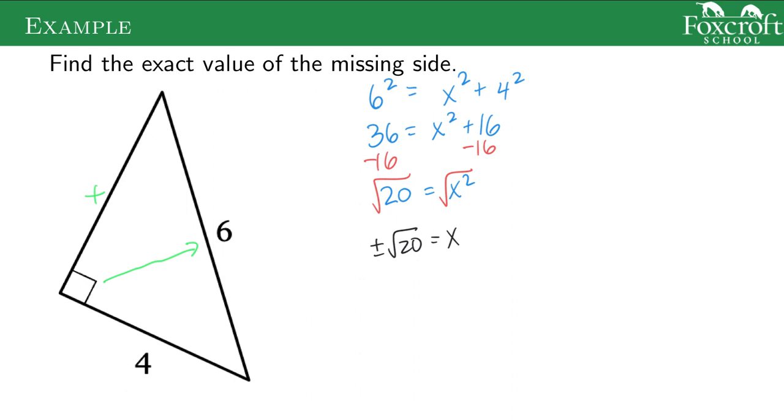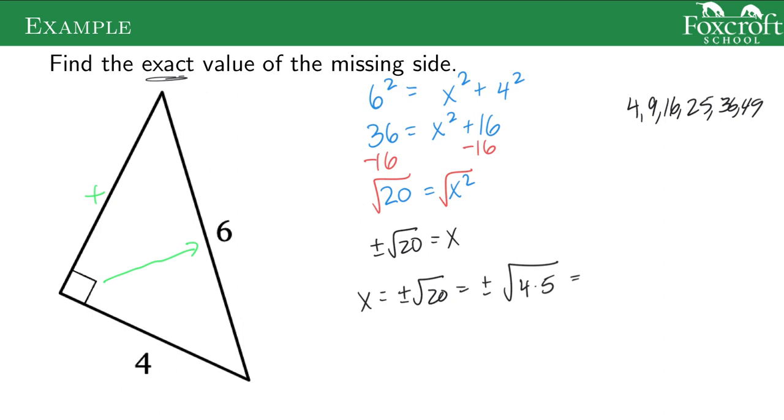The square root of 20 is not a nice number, because we want the exact value. We don't want to put it into a decimal because that would cause us to round and not get the exact value. So you just have to remember our perfect squares. If any of these divide the number in the square root, I can simplify the square root. In this case, 20 is divisible by 4.